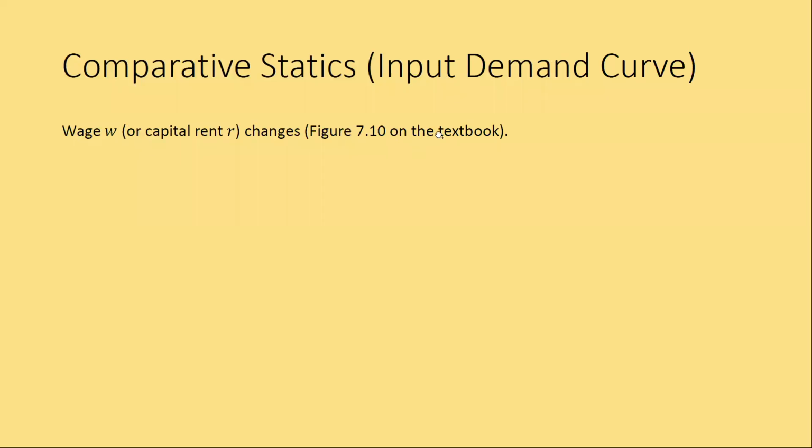All right, so in addition to what happens when the output level changes, we can also draw a graph to show what happens when the wage rate or the capital rent changes. So I'm also going to draw a graph on this slide.